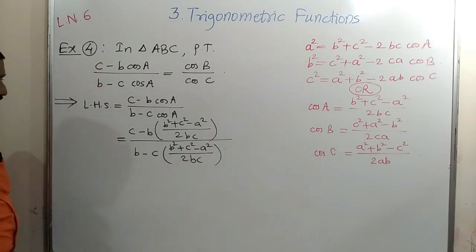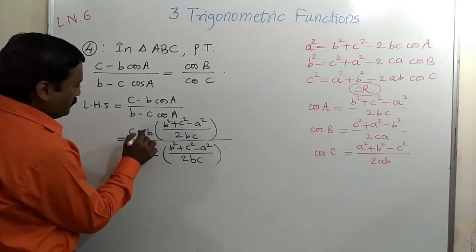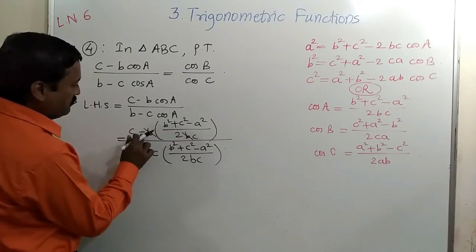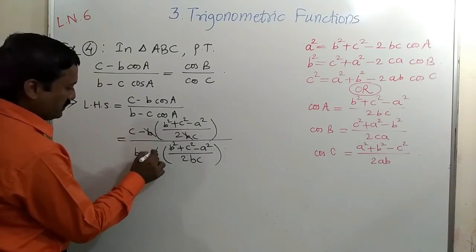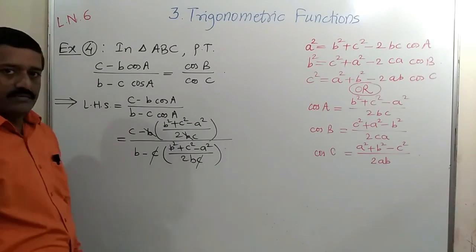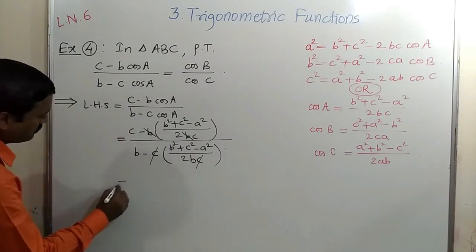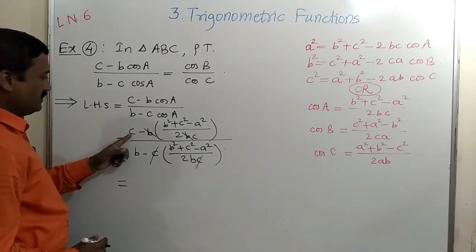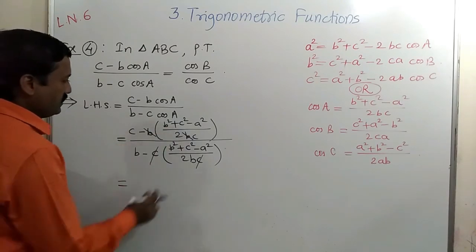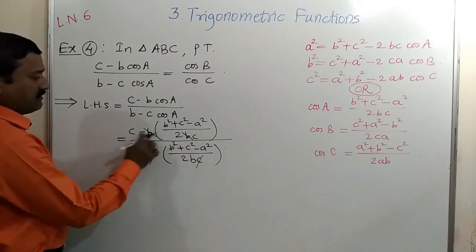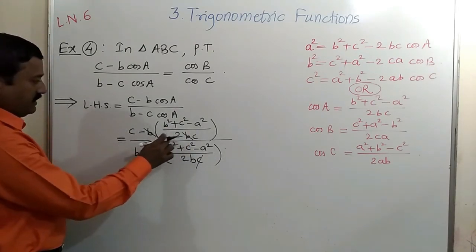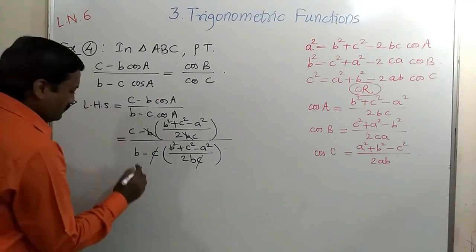Okay, here we can cancel B from numerator and denominator. Here also we can cancel C. In next step, now remains here C minus this. So making denominator equal, multiply 2c to this c.